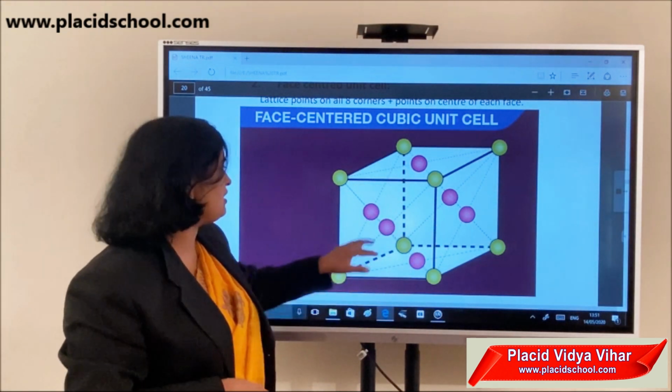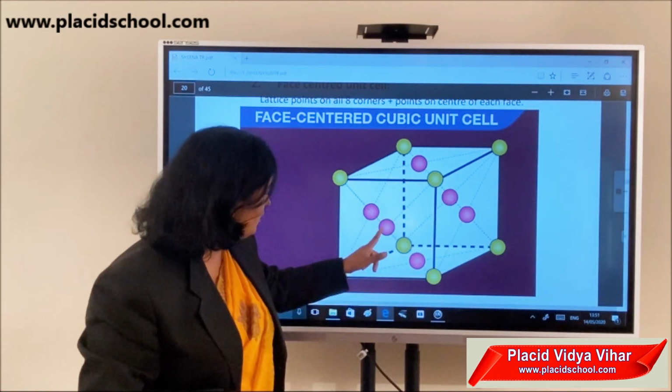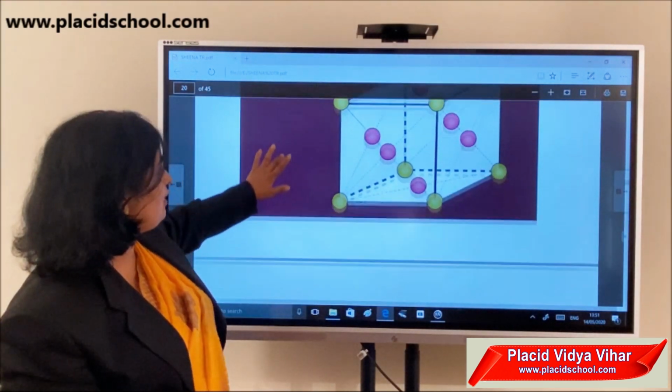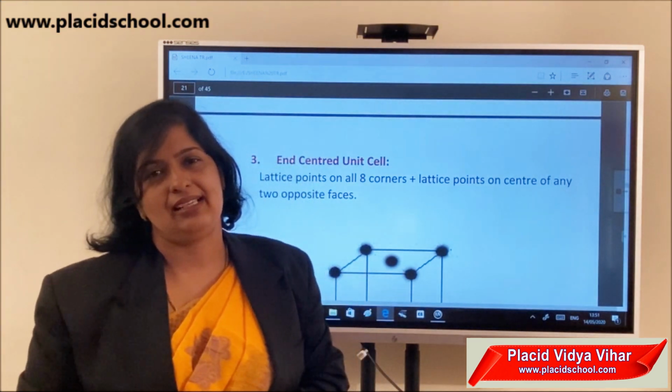of each face. Here a unit cell is seen, here another one, then here one, at the bottom one, at the back face one. The third category of unit cell is end-centered unit cell.